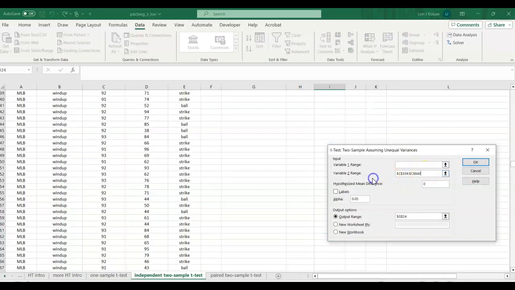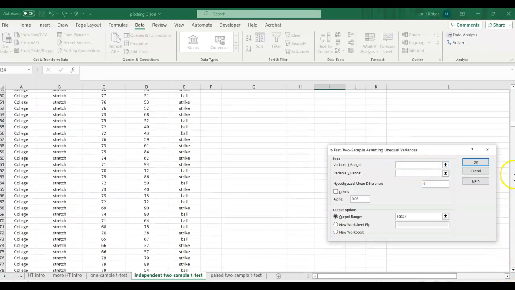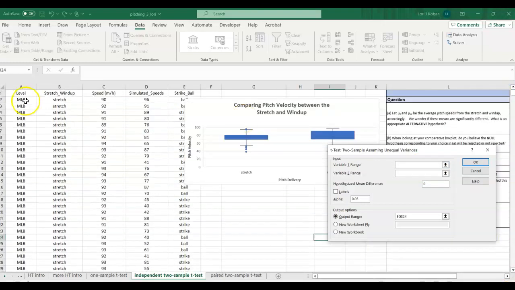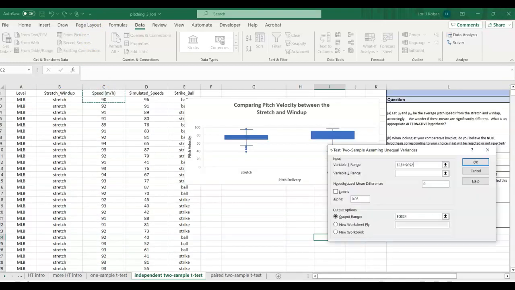All right, we're going to fill this stuff in. So where should the first range be? The first thing I'm going to do is take the speeds from the stretch. Now, I don't think I mentioned this before, but do you see here with the labels? If I included this, then I would check that labels button.